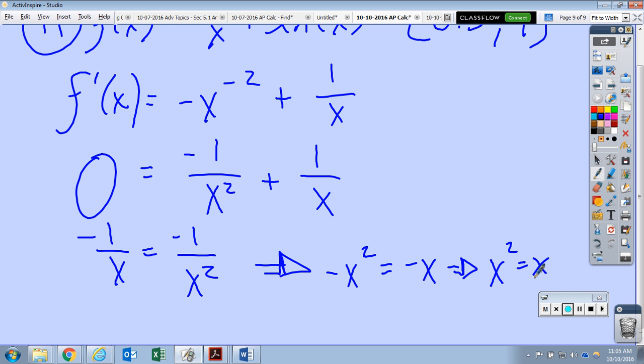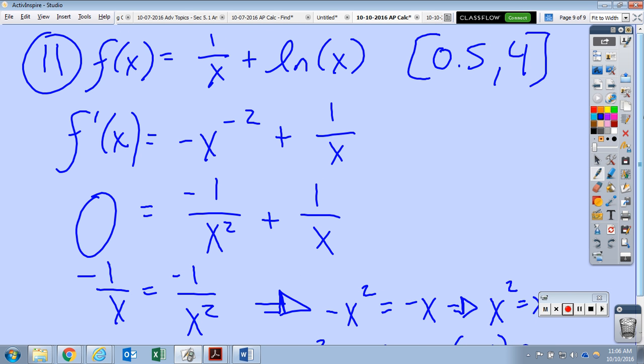Bring over the x and factor: x squared minus x equals 0. So x equals 1. Now x equals 0 is the one that makes it undefined. Just be careful. Let's plug back in what makes sense here: 0 and 1, and then the endpoints.